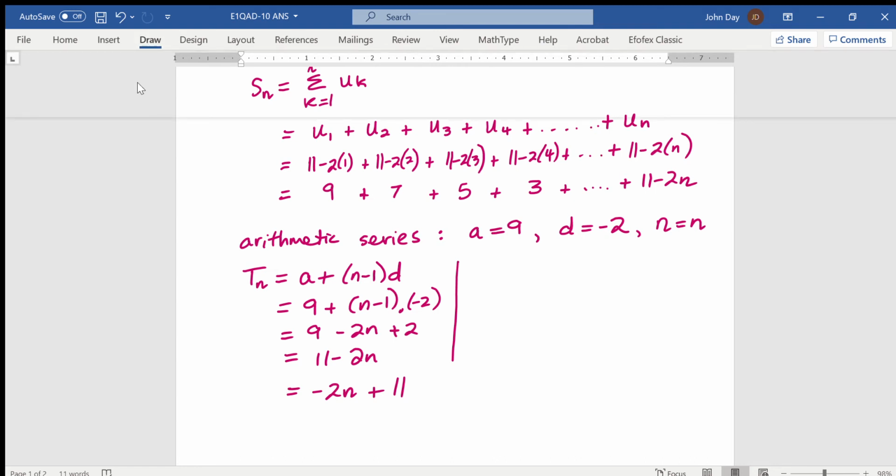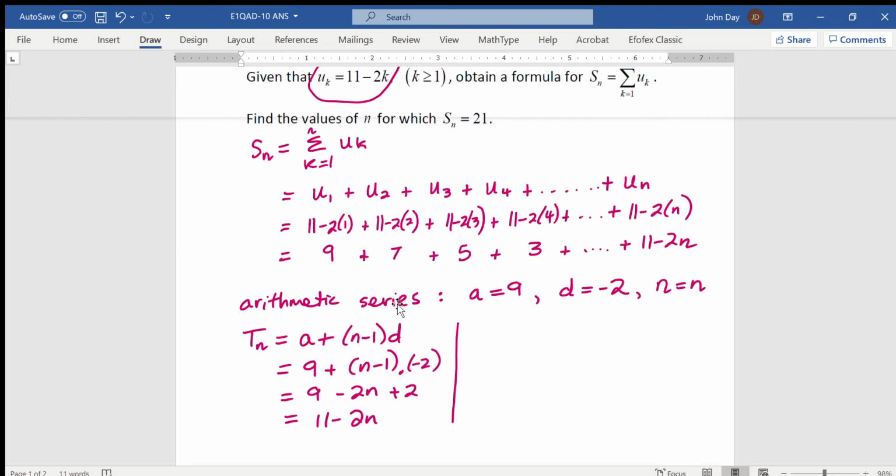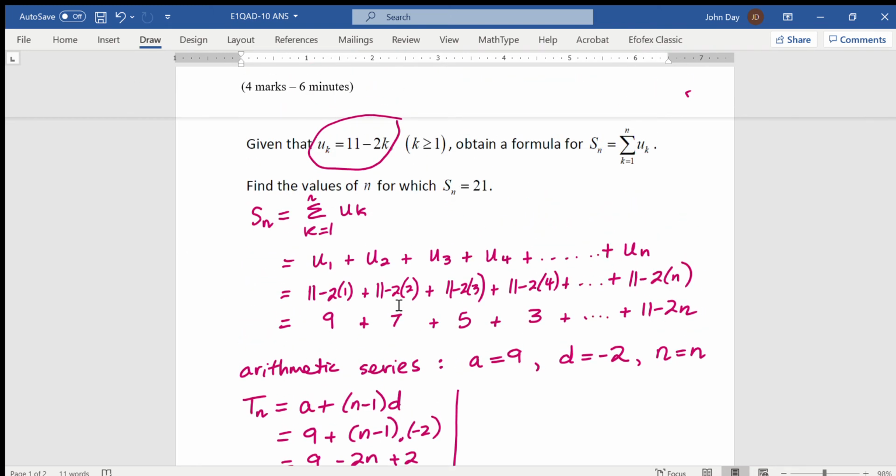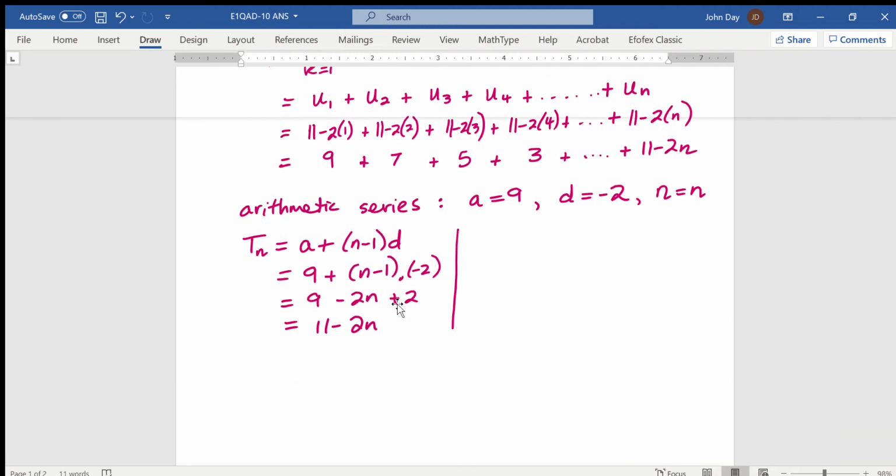So the question is, obtain a formula for the sum. Well, we know there's two formulas for the sum of an arithmetic series. The first one, if you know the first and last term, a and l, we can use that formula. So let's try that.